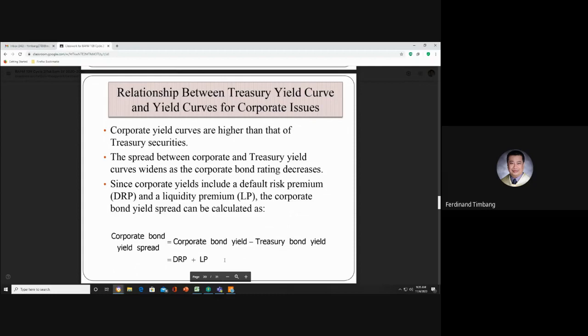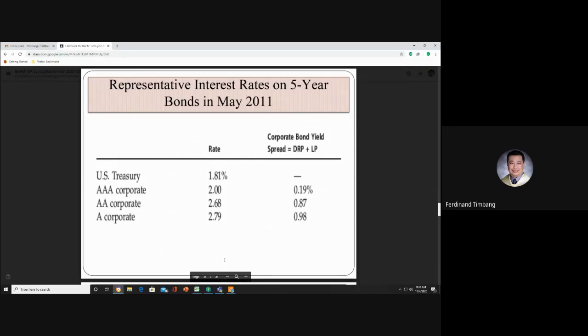Okay? Ako, halimbawa ito. Bond rating. May bond rating kasi na tinatawag. So meron tayong US Treasury, which is the government security, which is 1.81%. Yun ang corporate security, or let's say corporate bond.